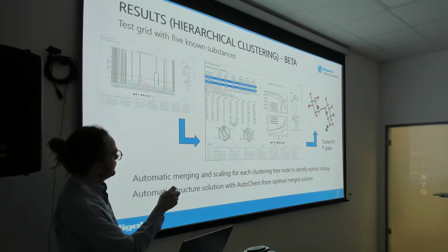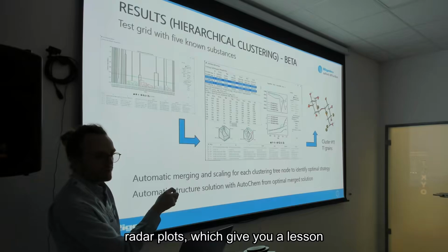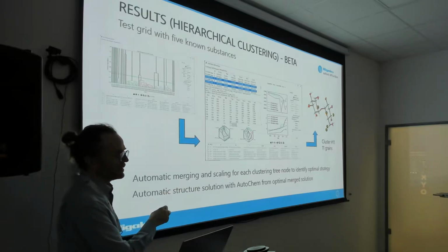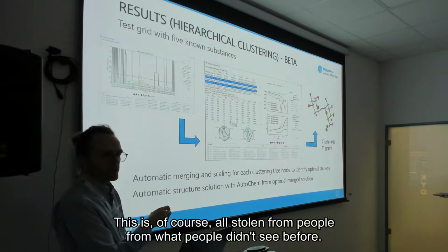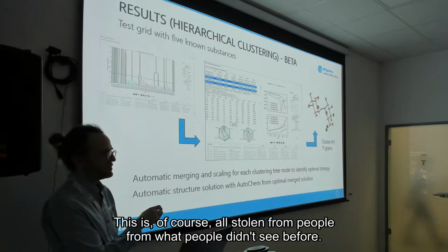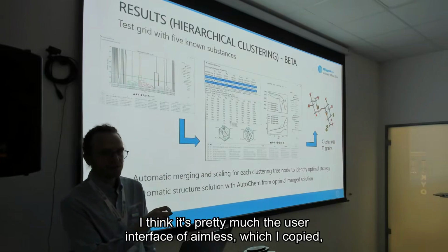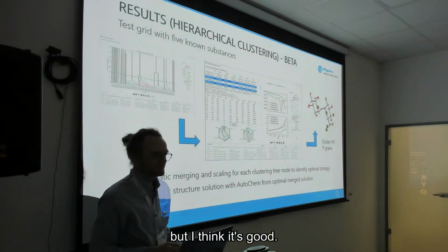And these nice radar plots, which give you an overall comparison in the overall and highest shell metric. This is, of course, all stolen from what people did in CCP4, I think. It's pretty much the user interface of Aimless, which I copied, because I think it's good.